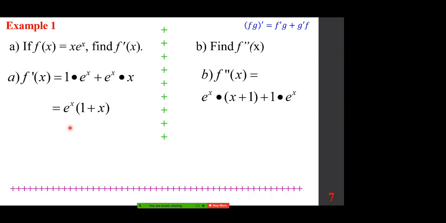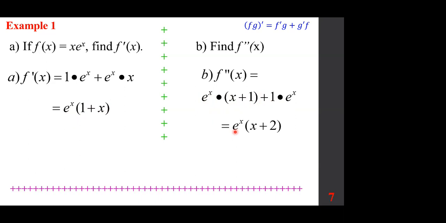And again, we're done with calculus. So I hope you realize that if you factor out e to the power of x, then the first one gives you x plus 1. The second one gives you plus 1, leaving us with x plus 2. So e to the power of x times x plus 2. I hope everybody's clear. This is really not a big deal, everybody.